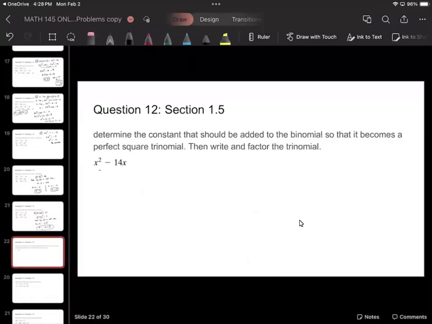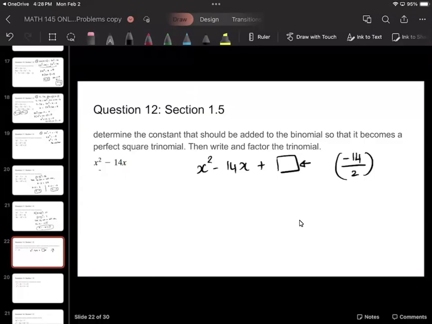Determine the constant that should be added to the binomial so that it becomes a perfect square trinomial. Then write and factor the trinomial. So in order for me to have something here so that this becomes a perfect square, to find this something, what do I do? I take the middle term, that is the b, I divide it by 2, okay, and I square it.